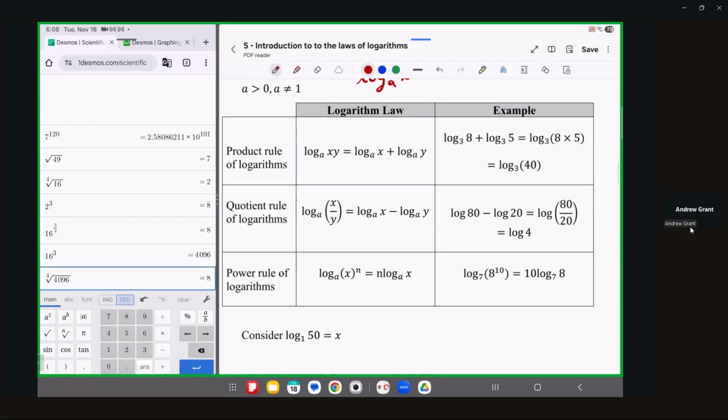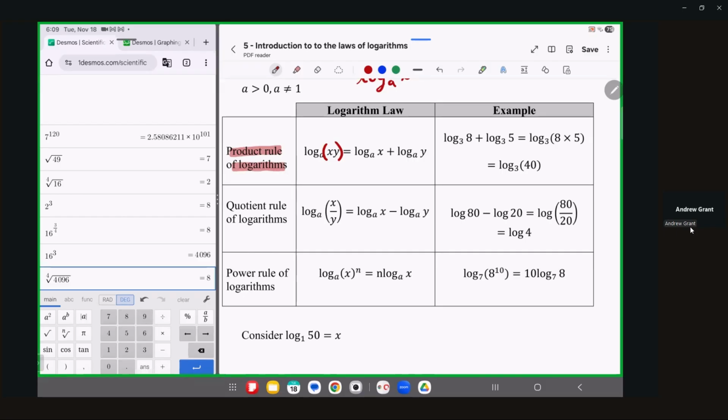And so here, the product rule of logarithms says log base a of x times y is log base a of x plus log base a of y.